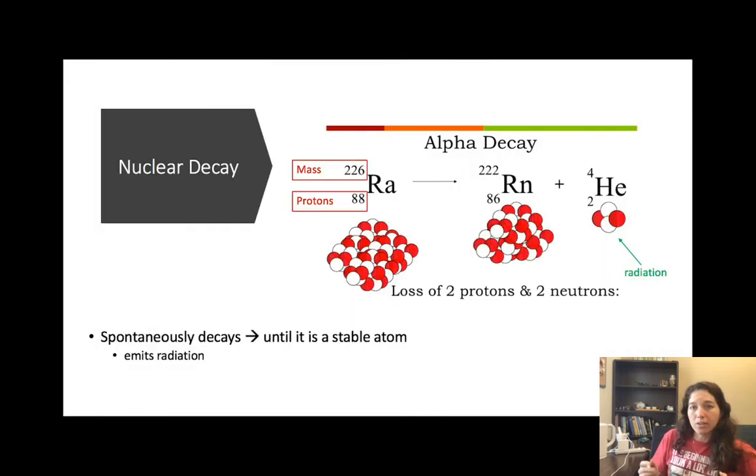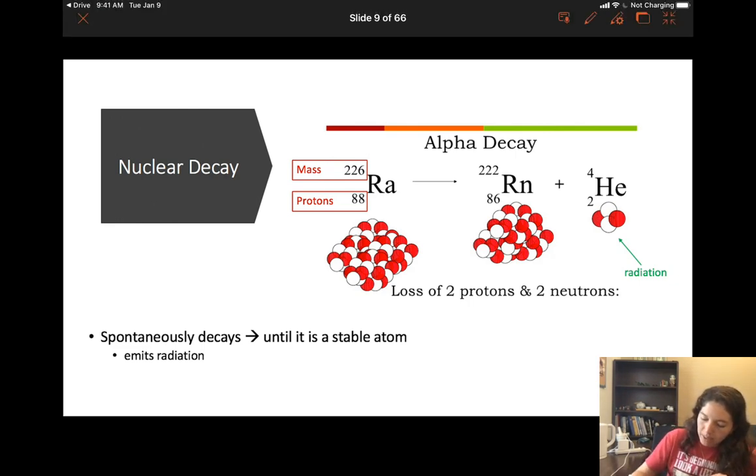So here's how this works. Radon decomposes into this Rn atom, which I can't remember for the life of me what the name of it is on the periodic table, but you'll notice that the mass of this new atom is different. It's lost 4 mass values, and it's lost 2 protons.